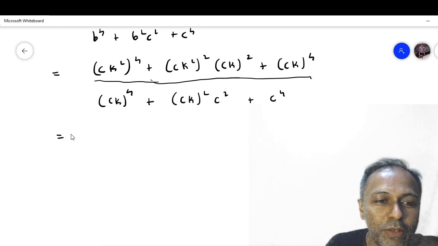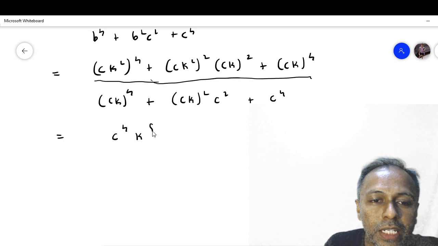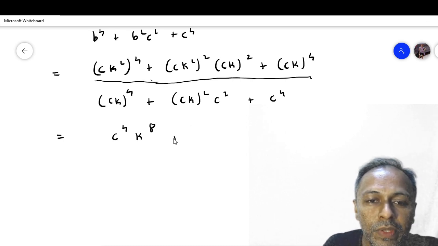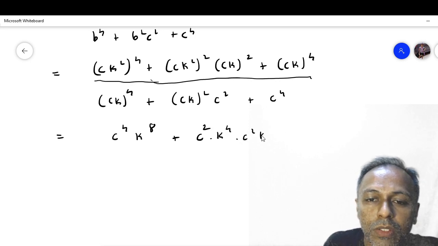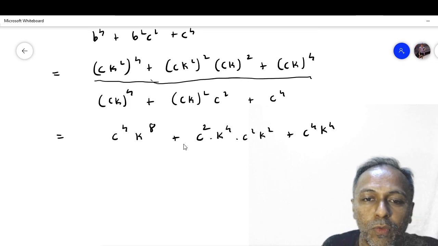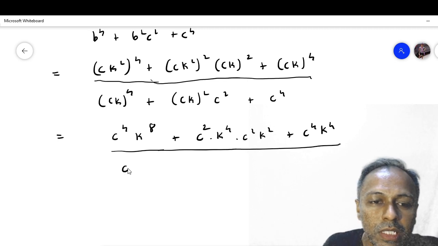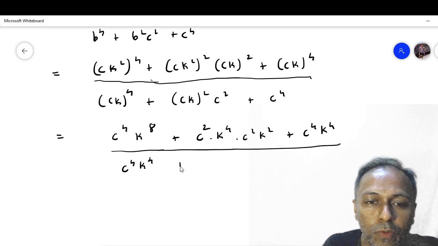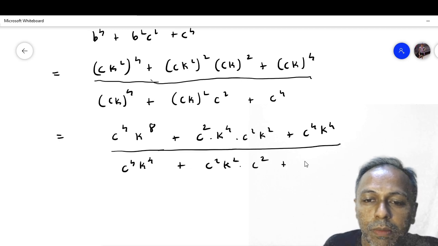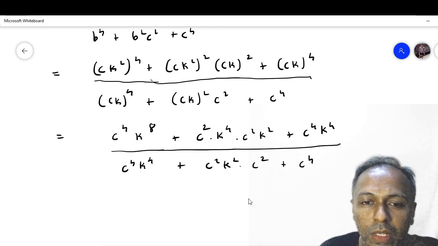In 9th standard, you may have learned law of indices. You have c raised to 4 into k raised to 8, 2 4s plus c raised to 2 into k raised to 4 into c square k square plus c raised to 4 k raised to 4 upon c raised to 4 k raised to 4 plus c square k square into c square plus c raised to 4.